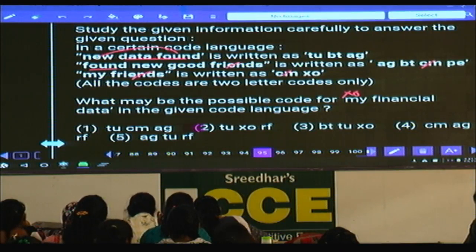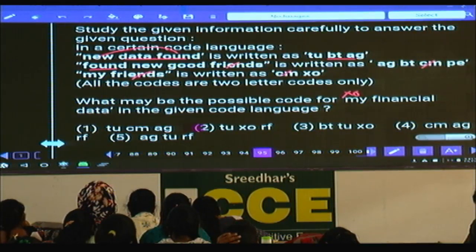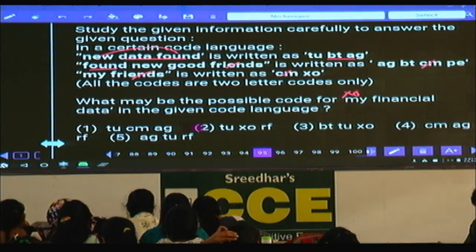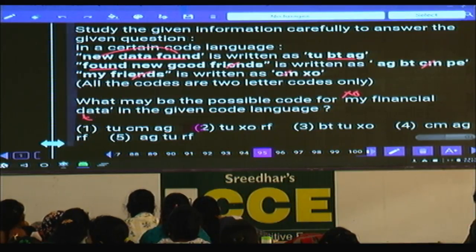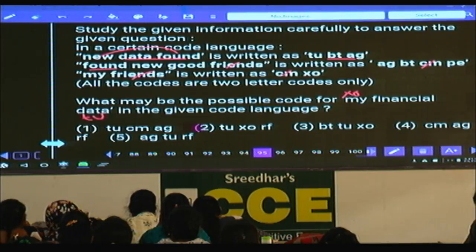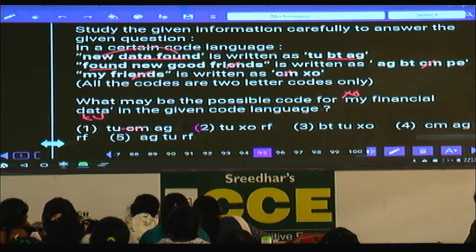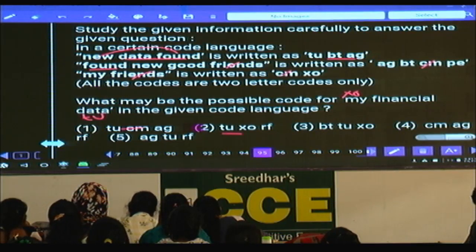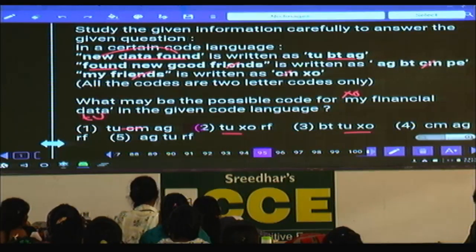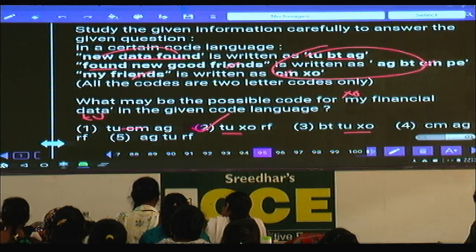And for new and found, what are the codes we have? AG and BT. And what is left over here? Data will be TU. Now, XO TU, financial is not there. And it should be a different code altogether, isn't it? What is the different code here? TU XO. Choice 1 is ruled out, between choice 2 and 3. TU XO, then BT and RF. As RF is not given as the code for any one of these, choice 2 is your answer.